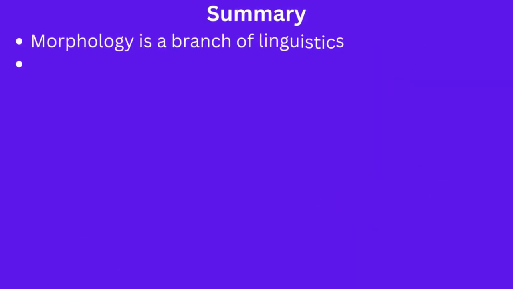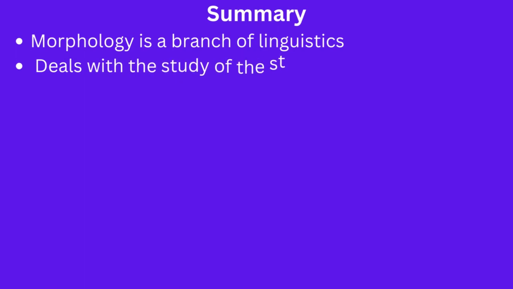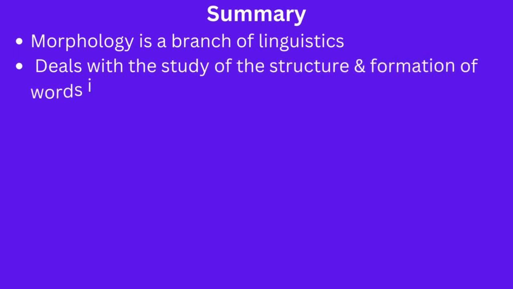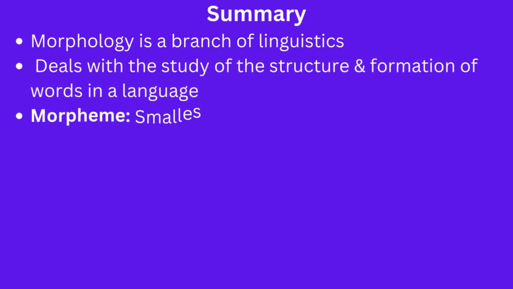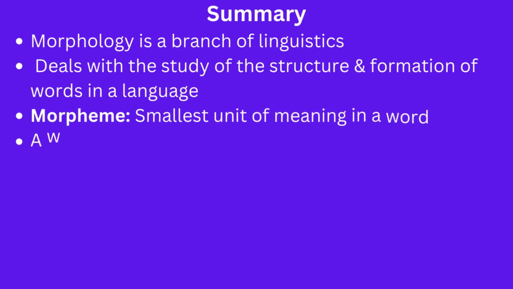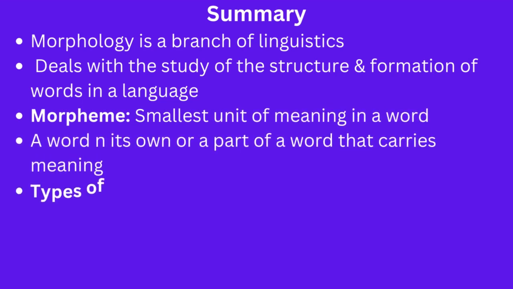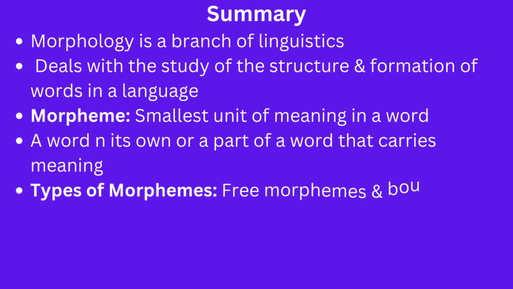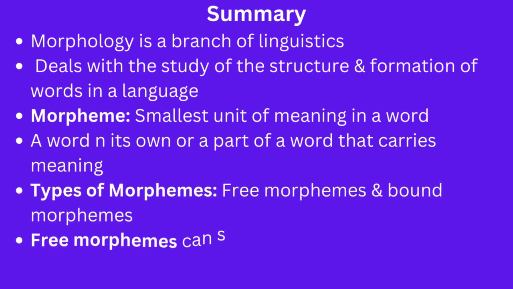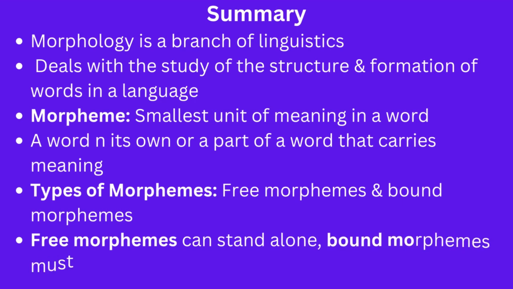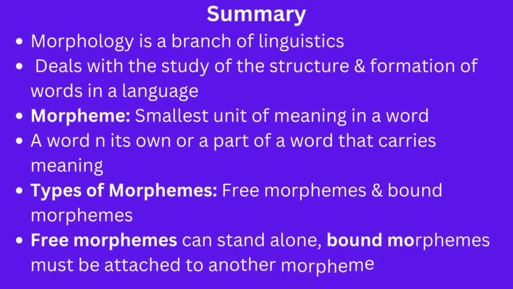Let's summarize the important points of this lecture. Morphology is a branch of linguistics that studies the formation and internal structure of words, or it is all about the shape of words. The smallest meaningful unit of morphology is the morpheme, and morpheme has two important types, free morpheme and bound morpheme. A free morpheme can stand alone as a word, and a bound morpheme must be attached to another morpheme for providing a complete sense in the form of words.